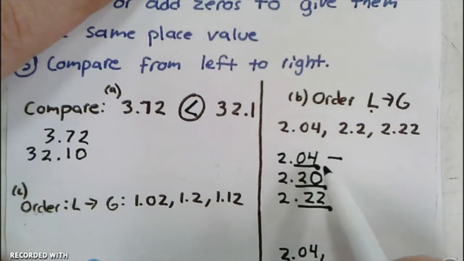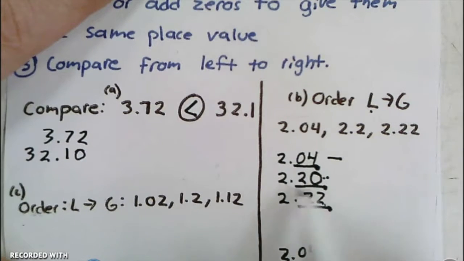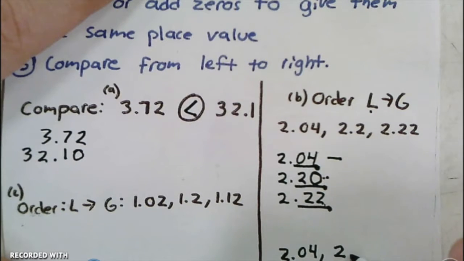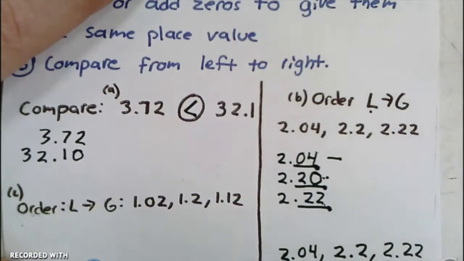And then for our second smallest, we have to go to the hundredths column because these are both 2. And so I have a 0 and a 2. Which is smaller? The 0. So in this column, 20 is smaller than 22. And so I will write that as my second number. And then my third one is the 2.22.